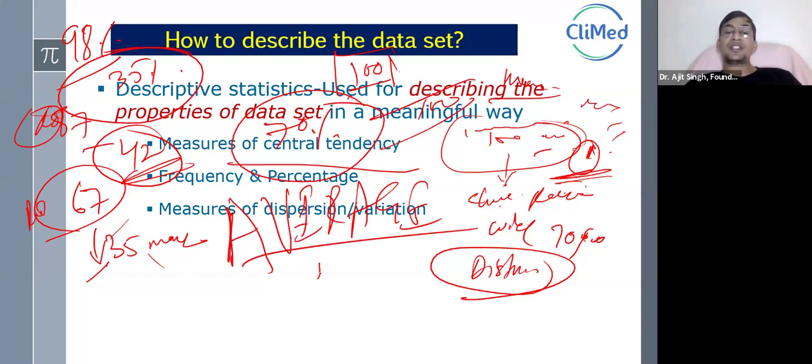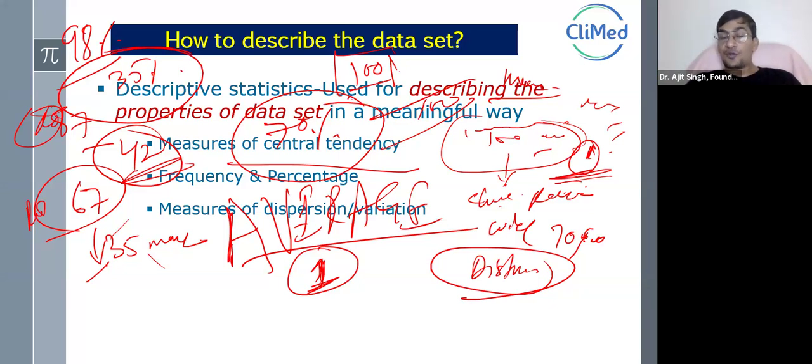This one value out of 100, that is the average, is called central tendency. The entire data, all the values, are lying around this value.